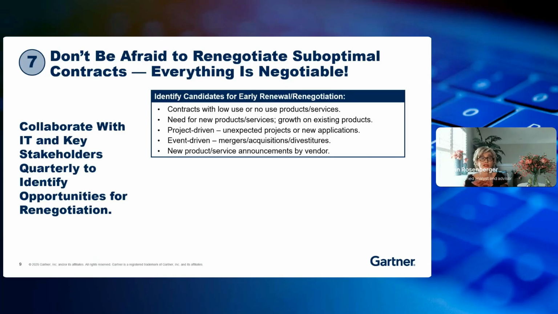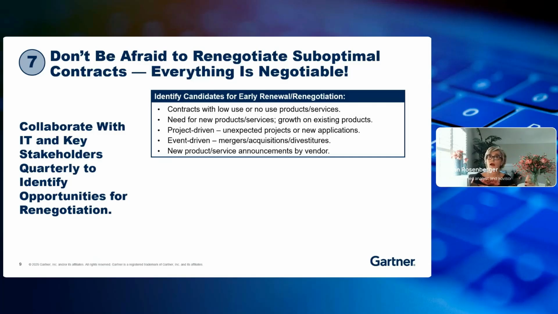And again, it's not just when you're growing or if you have merger, acquisition, divestiture activity going on, or when you have new product needs. It's when you haven't taken full advantage of the contract that you already signed.